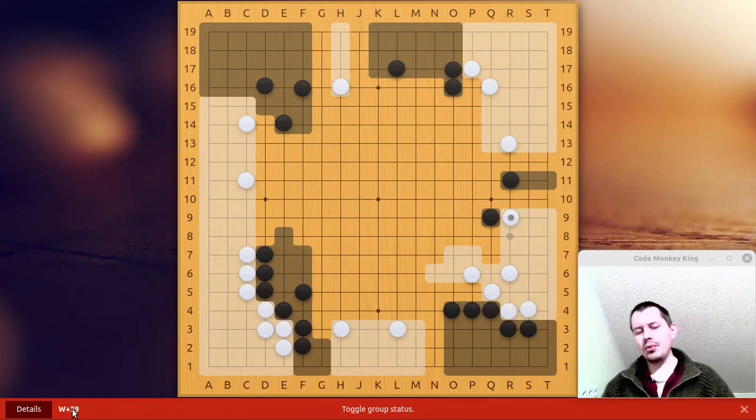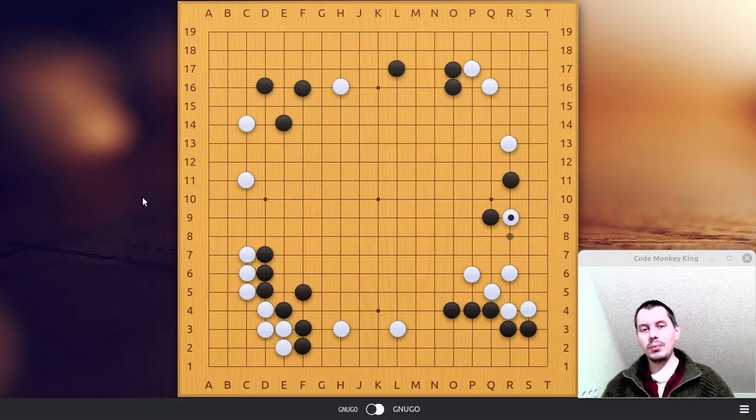I sometimes do use this estimate when I don't clearly understand whether I'm doing better or worse, just to have a clue. But a few moves later, I was thinking that my position is actually bad. So we'll get there in just a minute.